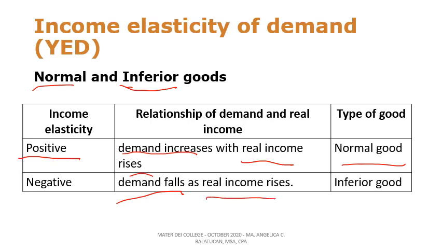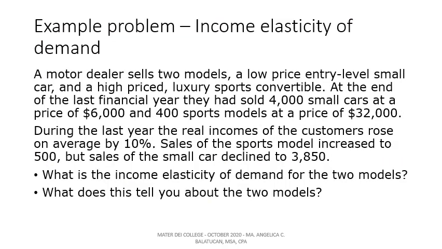So how do we know if it is an inferior good? If we apply the formula, the income elasticity will result in a negative number. So for example, a motor dealer sells two models: a low price entry level small car, and a high priced luxury sports convertible.